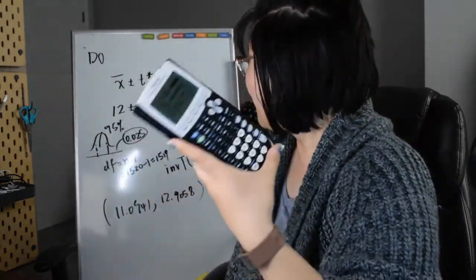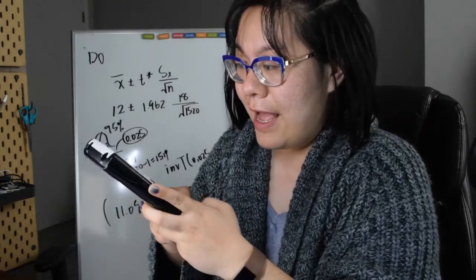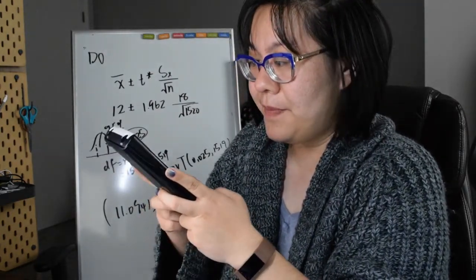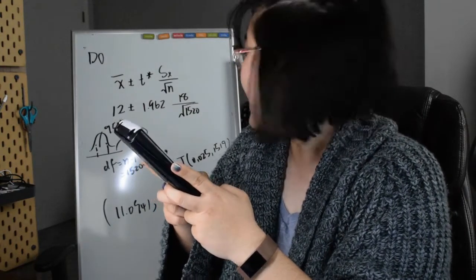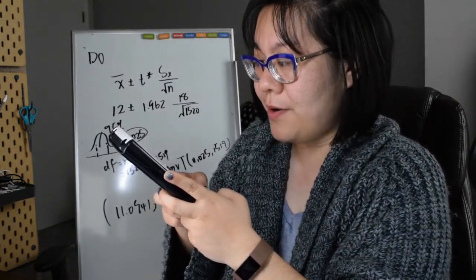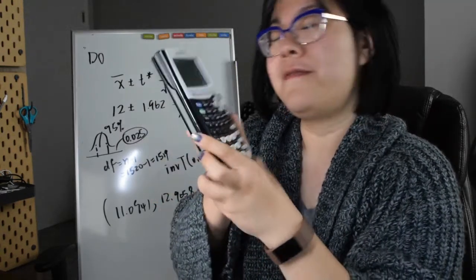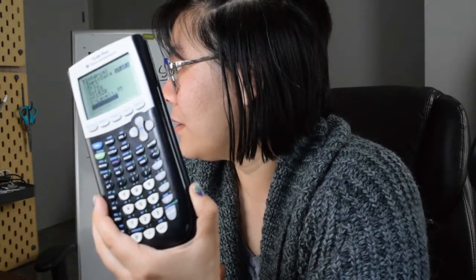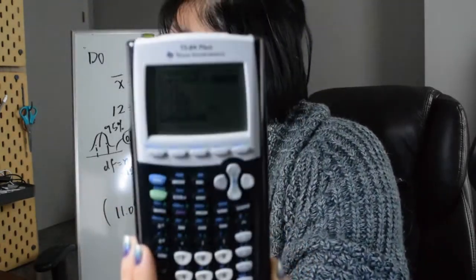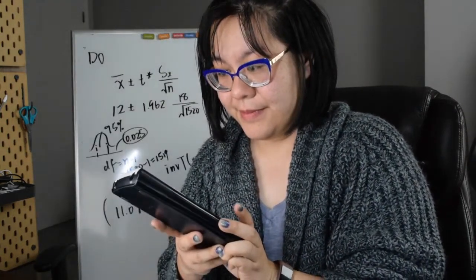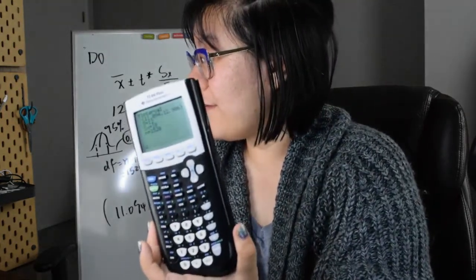So for this one, the mean is 12, the standard deviation is 18, the sample size is 1520, and the confidence level is 0.95. So you will see I put everything here, and then I hit calculate. And then it will give you the confidence interval.